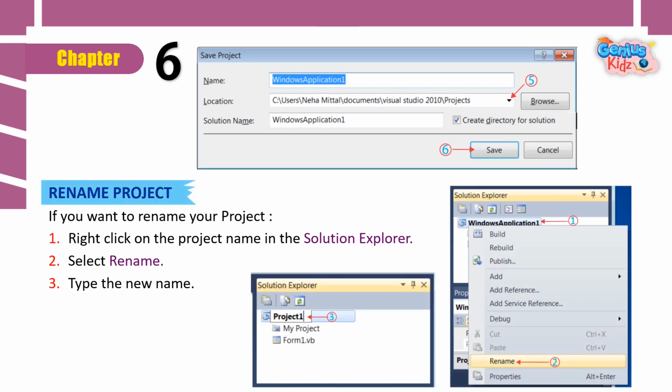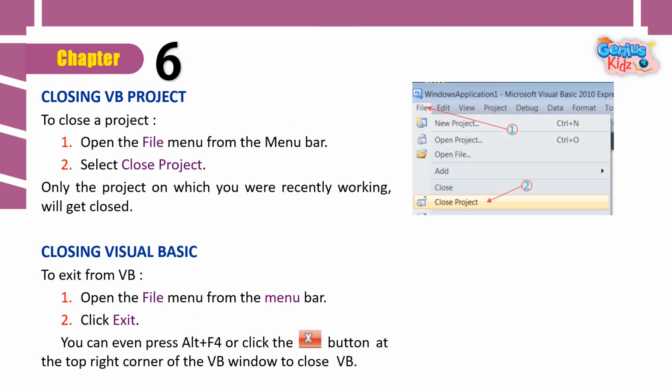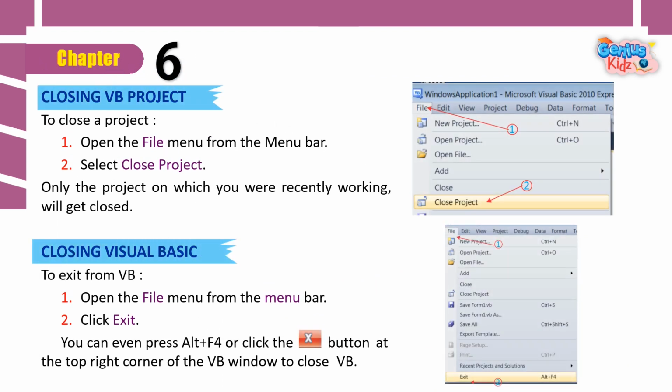Rename project. If you want to rename your project: 1. Right-click on the project name in the Solution Explorer. 2. Select Rename. 3. Type the new name. Closing a VB project. To close a project: 1. Open the File menu from the menu bar. 2.